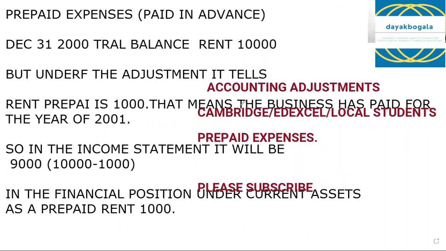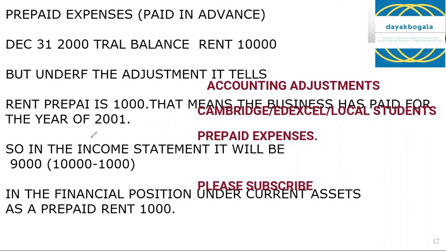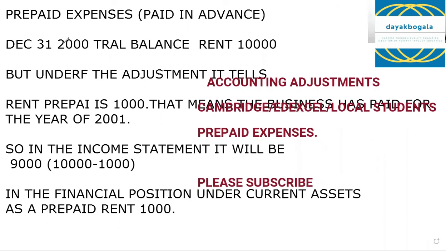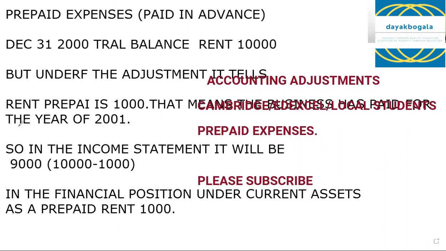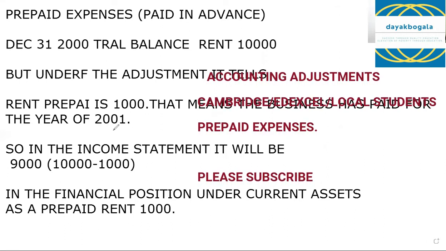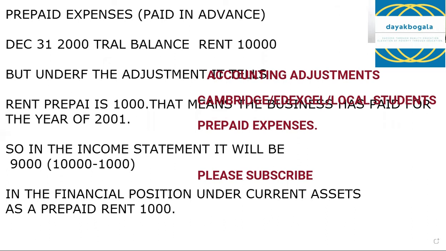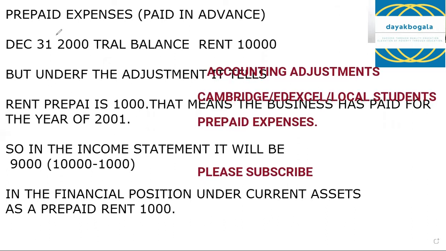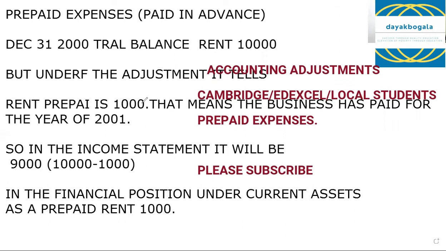That means the business has paid for the year 2001. Our current year is 2000, and they have paid for the forthcoming year, 2001, as well. So when you enter this 1,000 also for the current year, it is wrong.